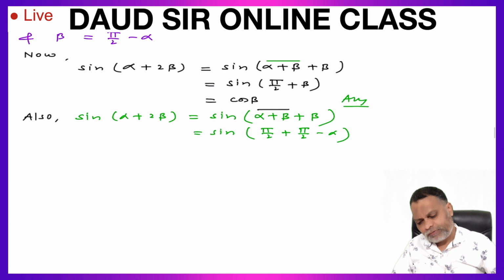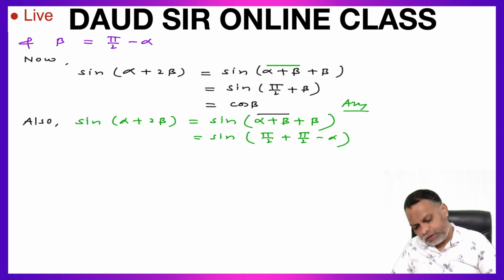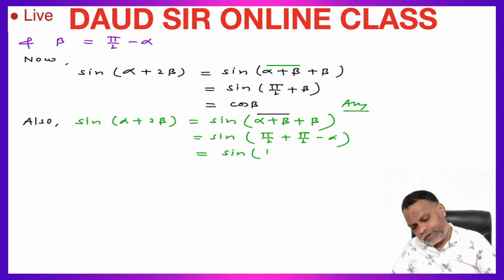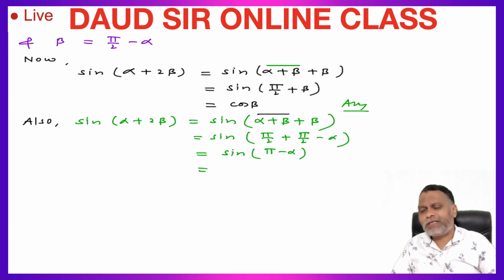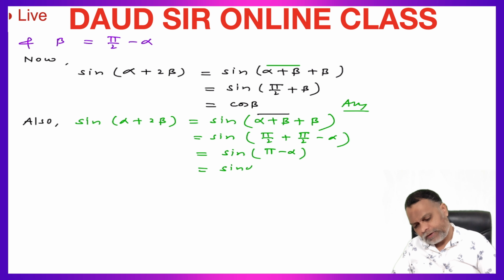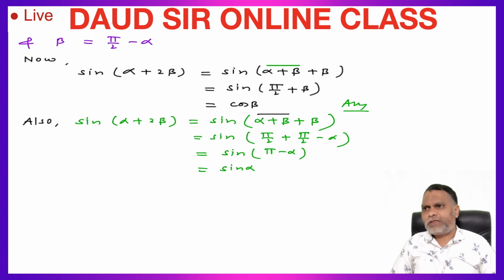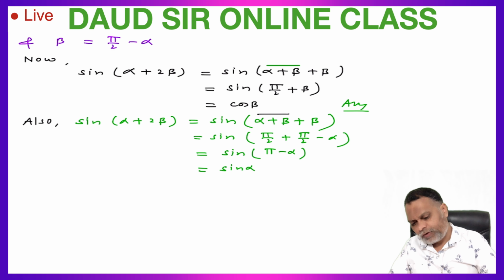This also we can use. So which is equal to sin of 90 plus 90, 180 minus alpha. Sin 180 minus theta lies in second quadrant. In second quadrant sin is positive, this is sin, so plus, and in case of 180 no change, so this is sin alpha. So these two answers we have got, sin of alpha plus 2 beta is equal to cos beta or sin alpha. Both the answers are correct.